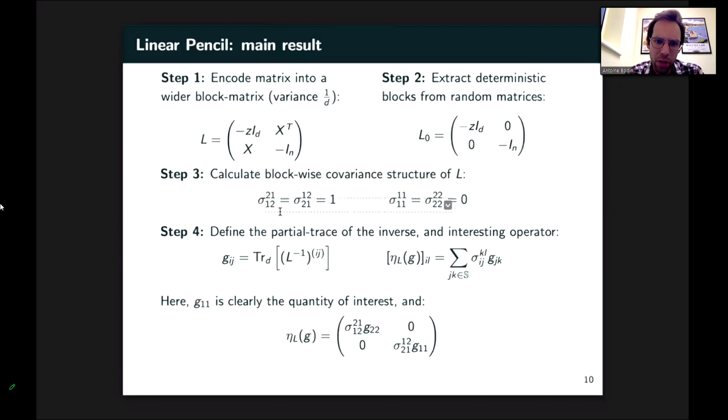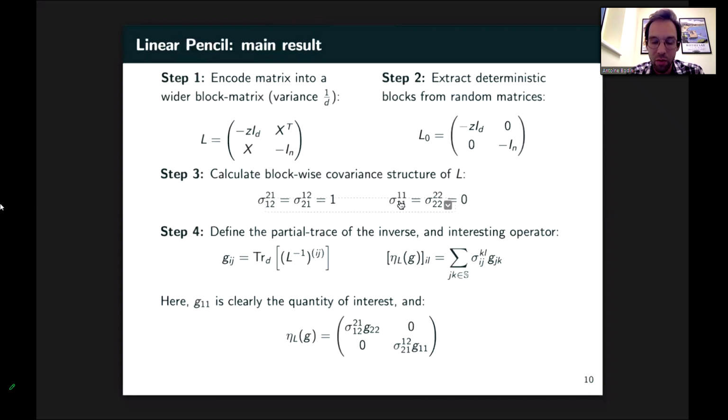So what I mean by that is, if you check this sigma that I define here, the term below is 1, 2, the location in your linear pencil. So 1, 2 is X here, and 2, 1 is X transpose. And those X and X transpose will interact with each other in such a way that you define the specific components equal to 1.